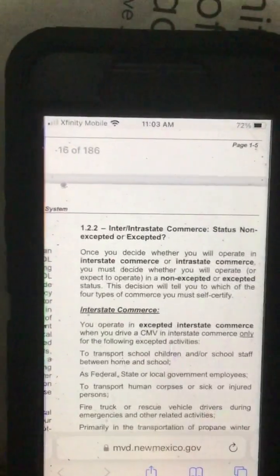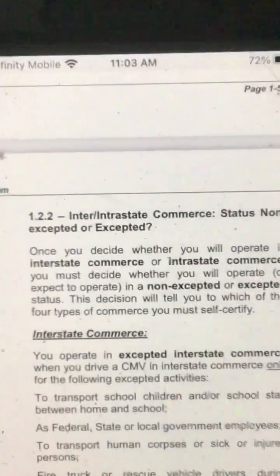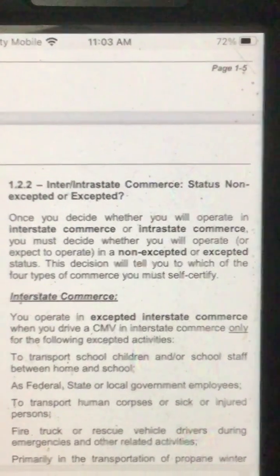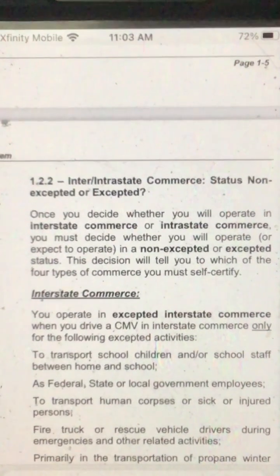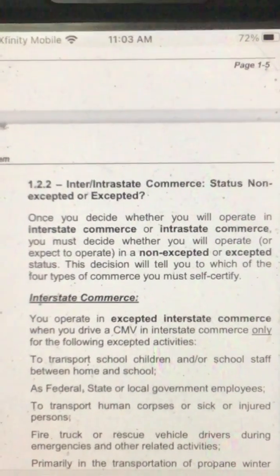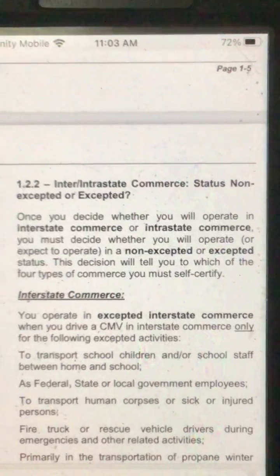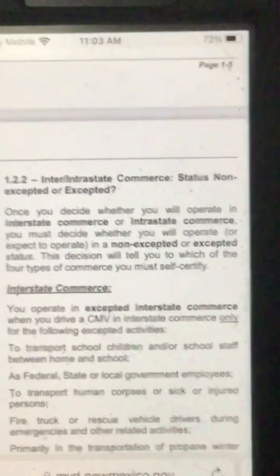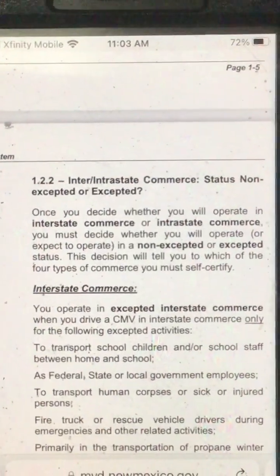Number 1.2.2 Inter/intrastate commerce status: non-exempted or exempted.